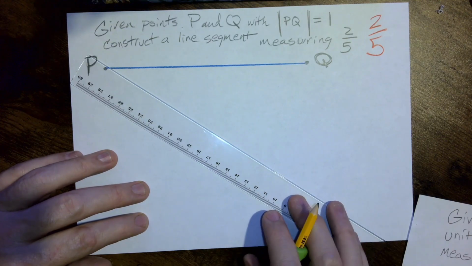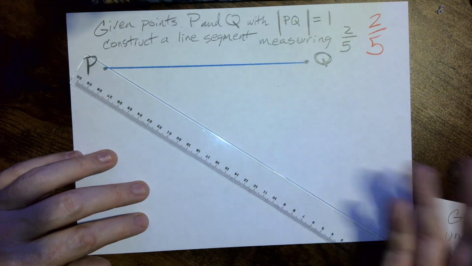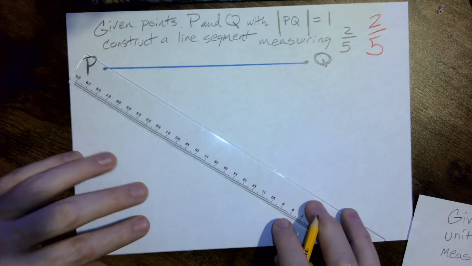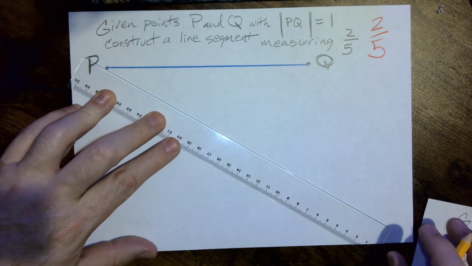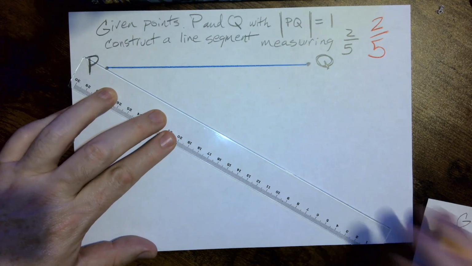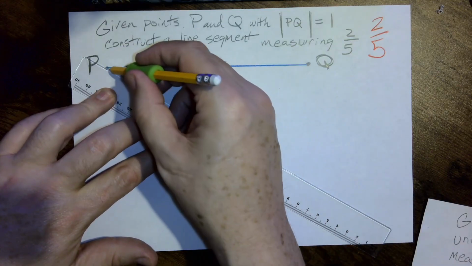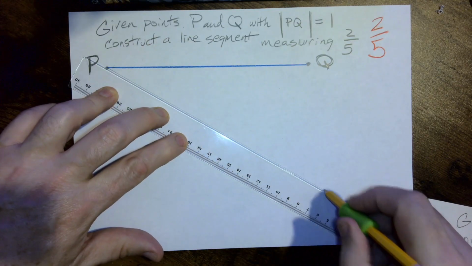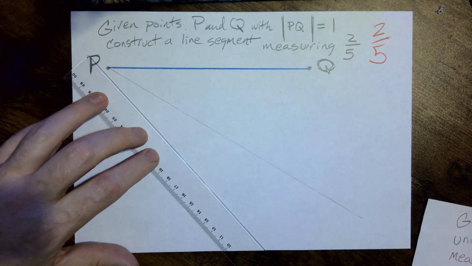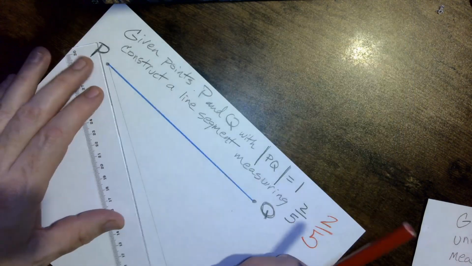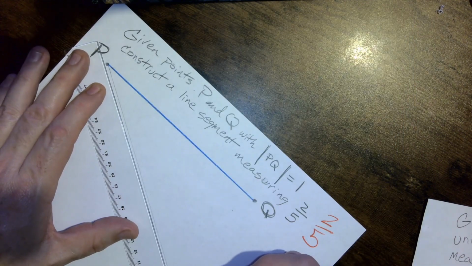You don't want to run out of paper. You want to be able to swing your compass comfortably. So choose based on that. I'm going to choose something like this. There's my line. I'll make it orange.